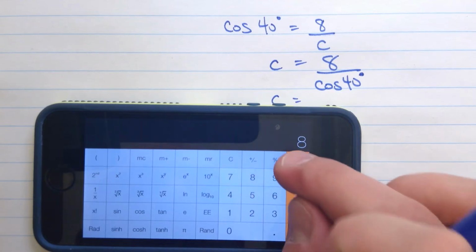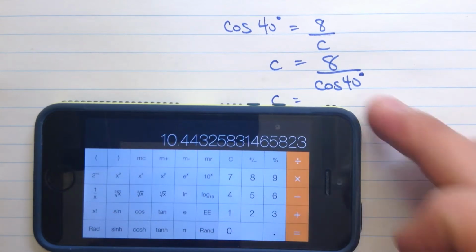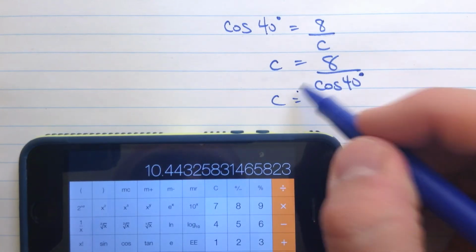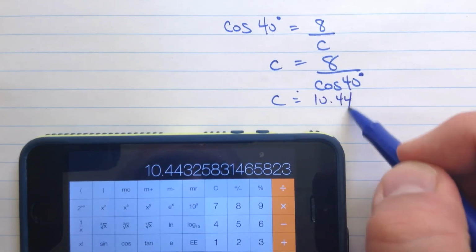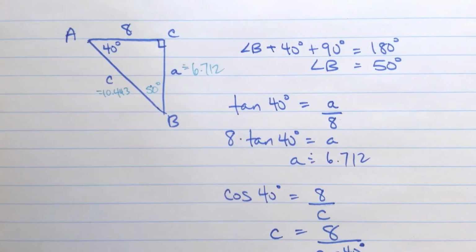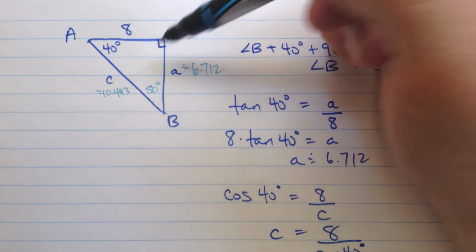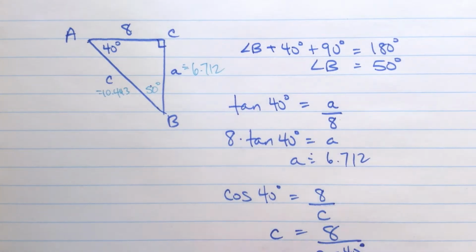I'm going to go 8 divided by, on this one, 40 cos equals, is about 10.443. Okay, so now I have solved the triangle. I know all three sides and I know all three angles, 40, 50, and 90.